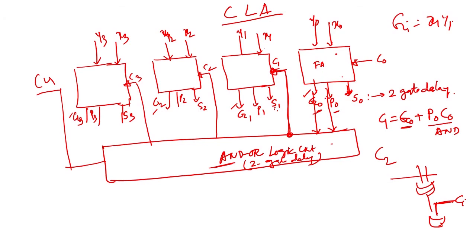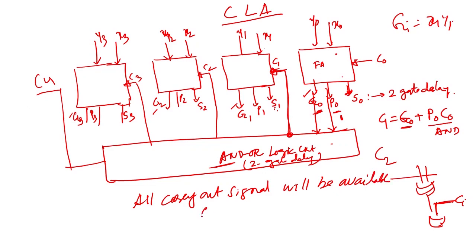So, this is generating G0, P0, it is taking 1 here. So, all carry out signals will be available after 1 plus 2, that is 3 gate delay.